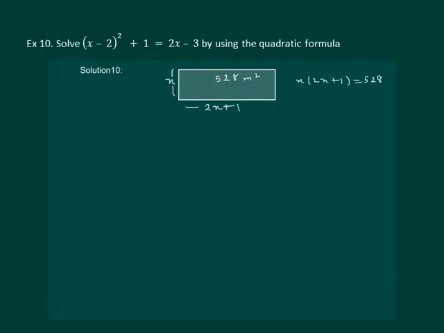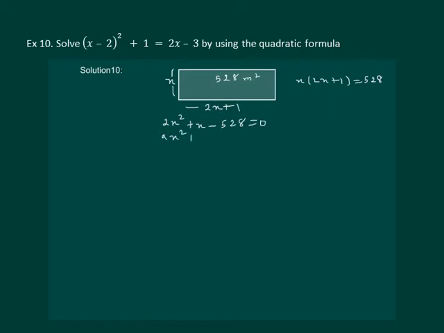We know that area of a rectangle is length into breadth. So x into 2x plus 1 equal to 528. This gives us the quadratic equation 2x square plus x minus 528 equal to 0.